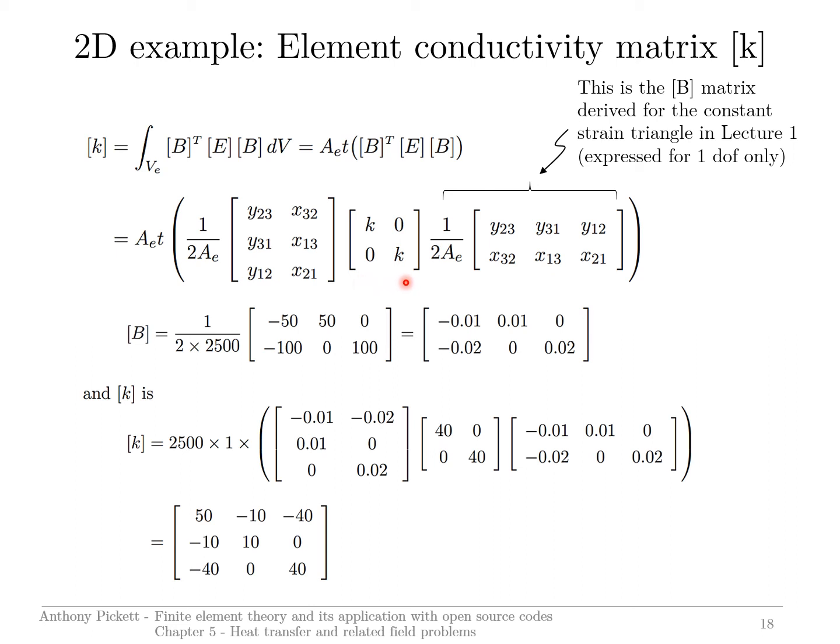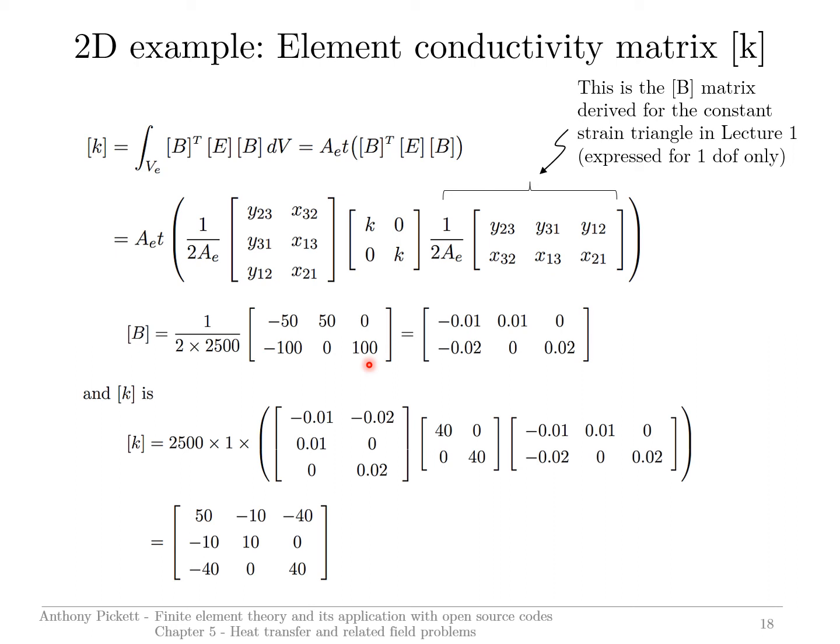We're assuming isotropic properties, so we just simply have a diagonal matrix of the thermal conductivities for this particular material, which were given on the previous slide. So the B matrix is given here. If you were to compute that out, this is the area. These are these differences in coordinates that I've just mentioned.